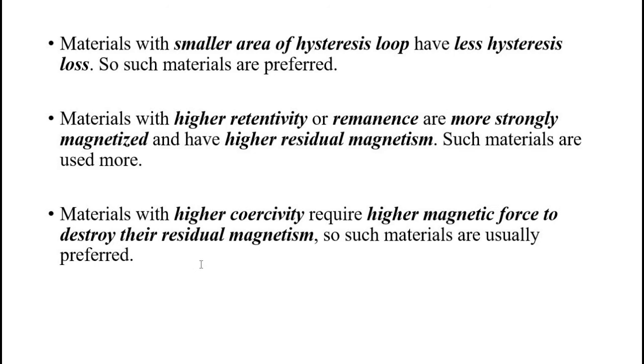So materials with higher coercivity will require more magnetic force to destroy their residual magnetism. So depending upon various characteristics, various features required in a particular electrical machine, different materials are preferred. So these are some of the important concepts related to hysteresis, and we have discussed them.